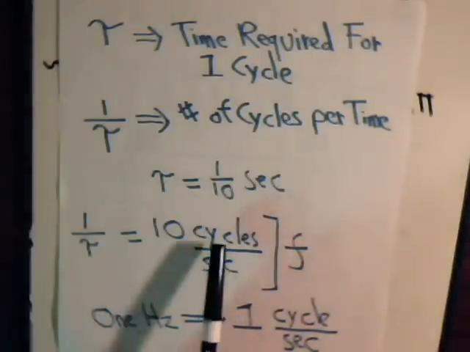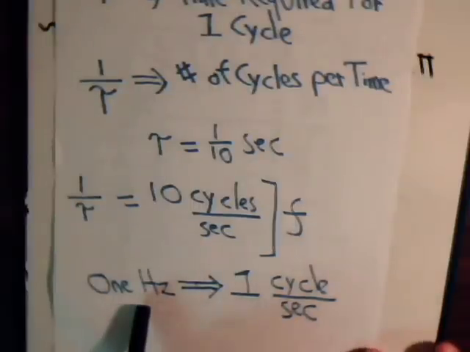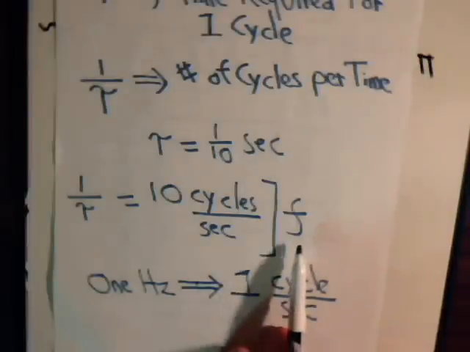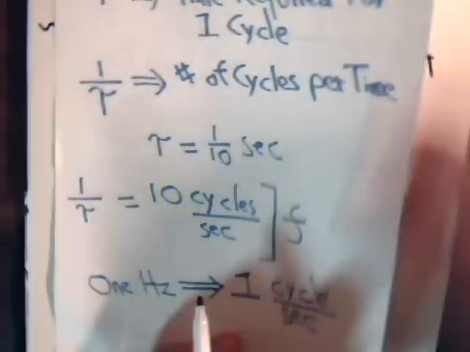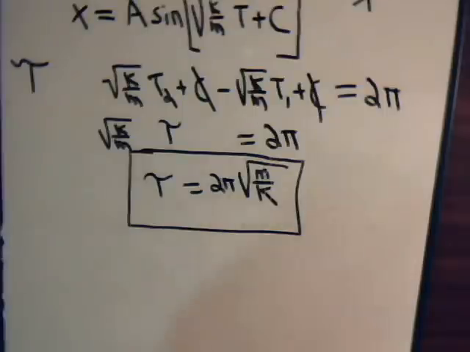Now, in many books, they don't talk about cycles per second. Instead, they refer to 10 hertz, where 1 hertz is 1 cycle per second. But what we're interested in then is that the frequency is the reciprocal of the period. So if this is what the period is, then the frequency is the reciprocal of that.